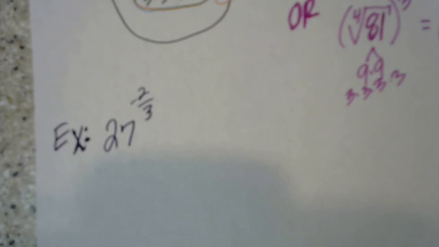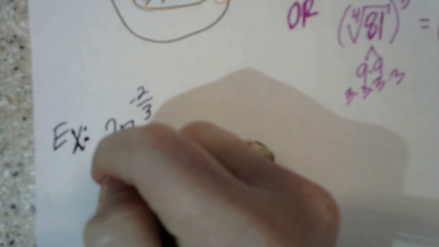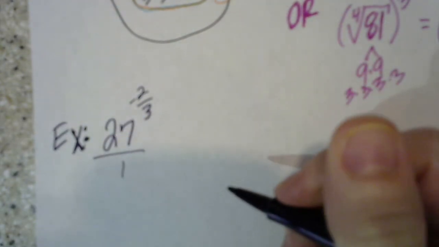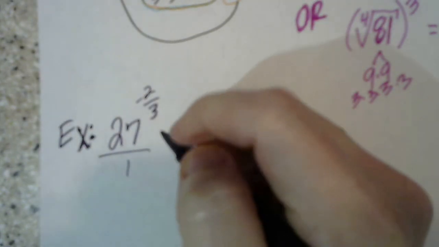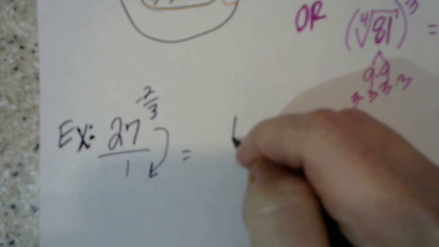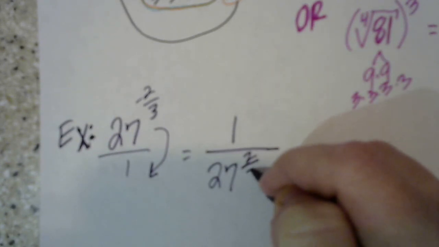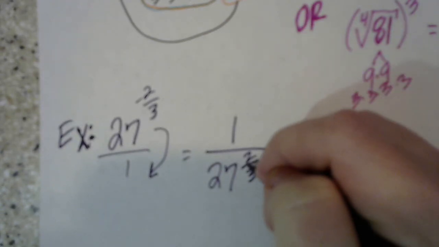Well, think about what we know about negative exponents. You can't leave them negative, right? So how do I make it positive? Right now, it's all over 1. So if I want to make it positive, then I need to move it down. So it's going to be 1 over 27 to the 2/3 power.